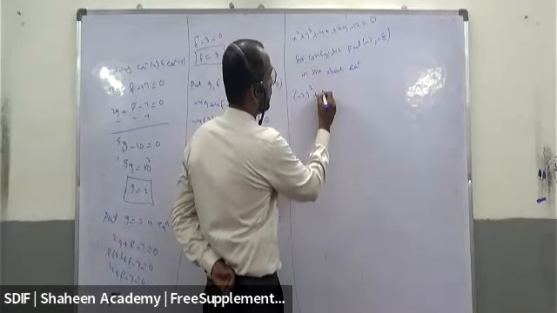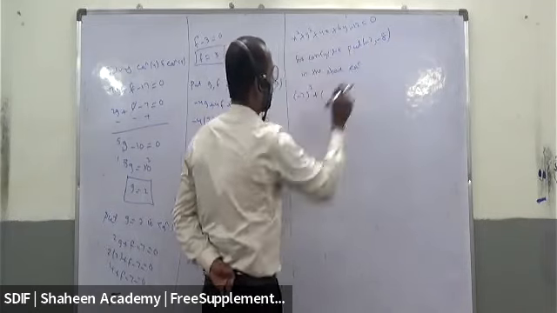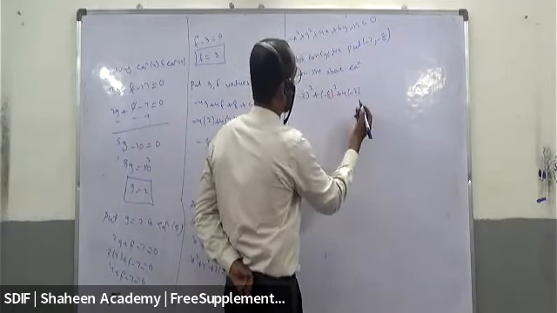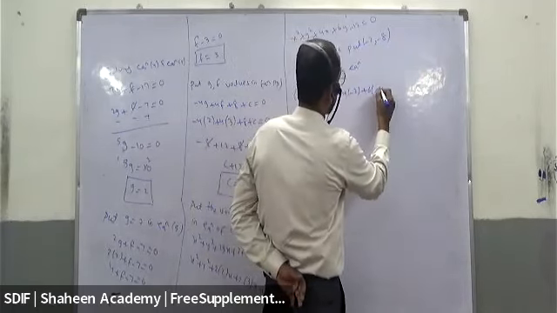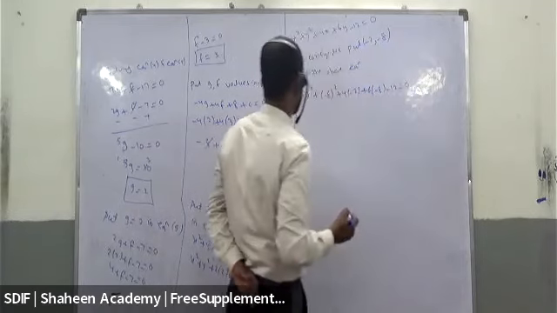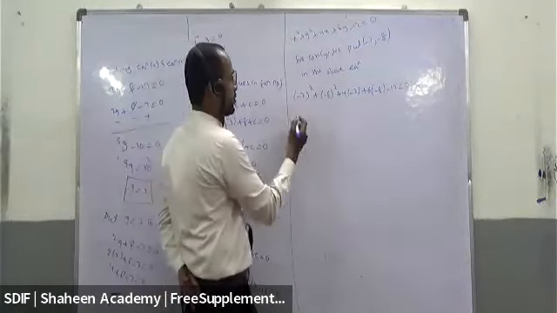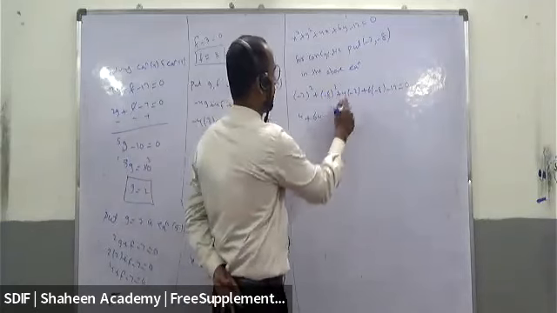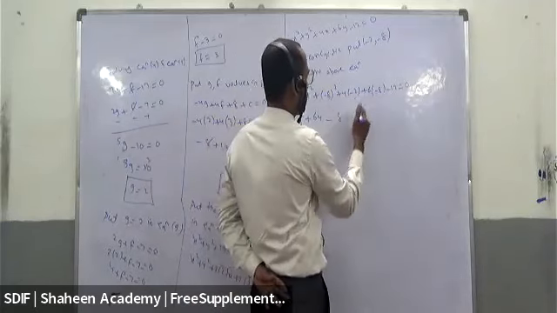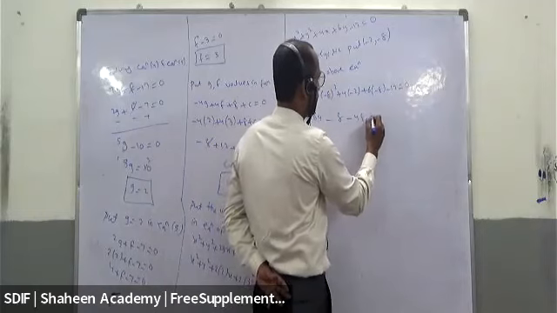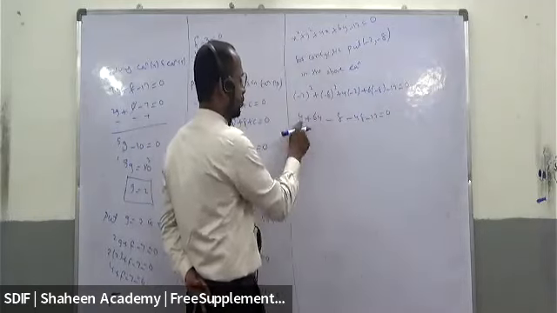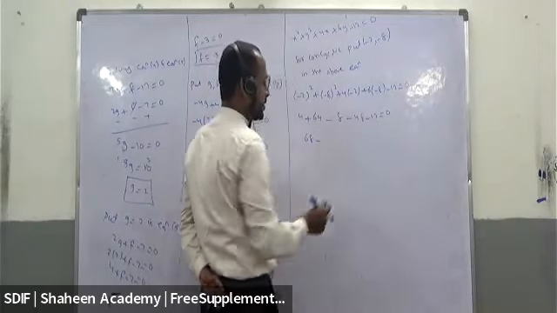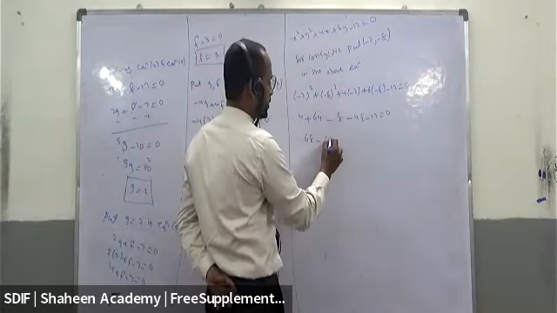Now what we are having: minus 2 square on the place of x, minus 8 square on the place of y, plus 4 into minus 2 plus 6 into minus 8 minus 12 is equal to 0. So minus 2 square is 4, minus 8 square is 64, plus 4 into minus 2 is minus 8, plus 6 into minus 8 is minus 48, minus 12 is equal to 0. 64 plus 4 is 68, minus 48 minus 12 is minus 60, and minus 8 is minus 68.